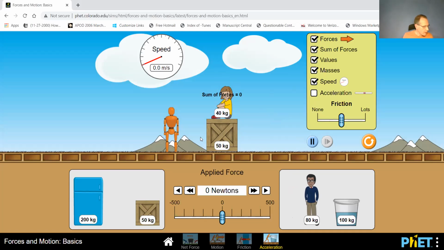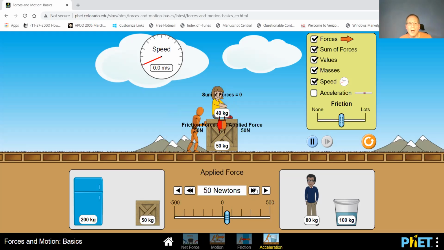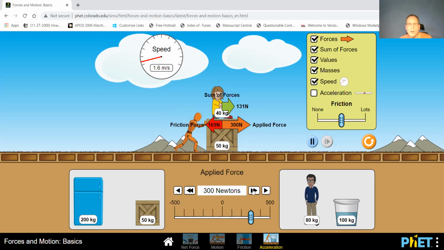Then we're going to set the applied force to 300 newtons. You can either go up by ones or go up faster. This goes up by 50s, the double arrows. So you want to go to 300 newtons.